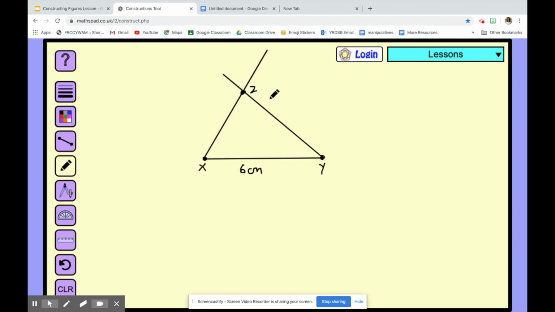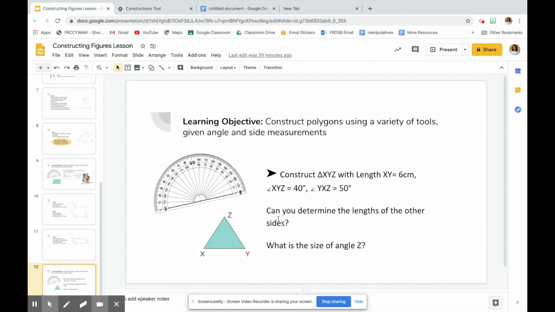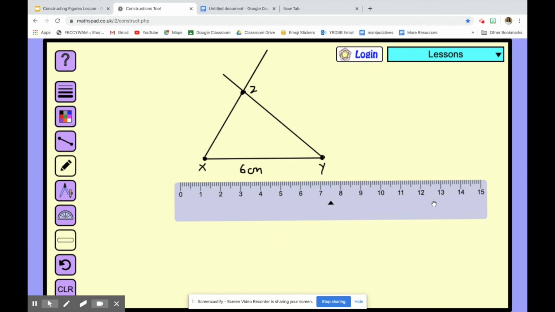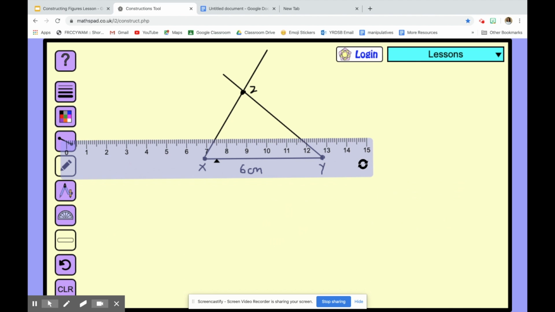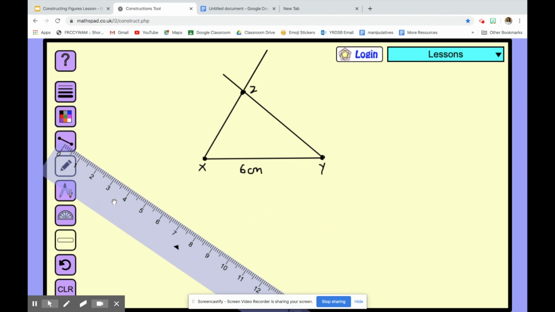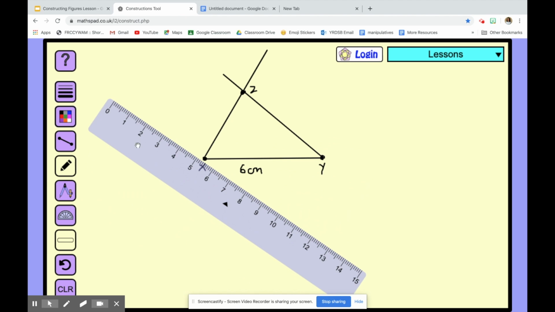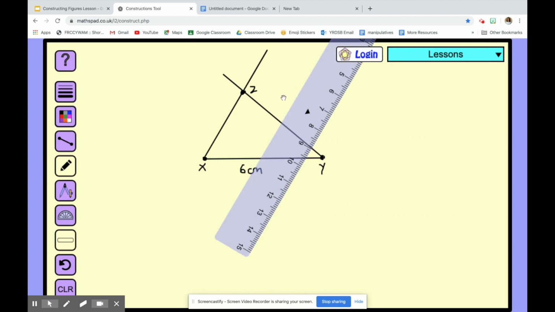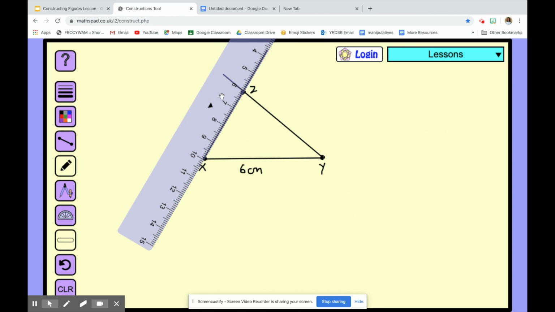We're not stopping here because the question asks us, can you determine the lengths of the other sides? So how are we going to do that? If you're saying use the ruler tool, you are correct. So I'm just going to flip my ruler around. Let's measure line XZ first.